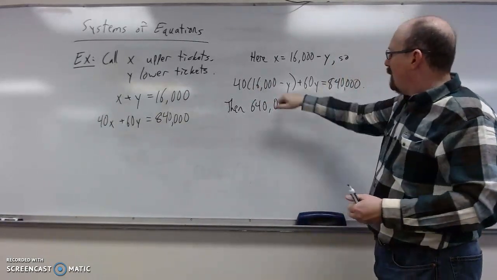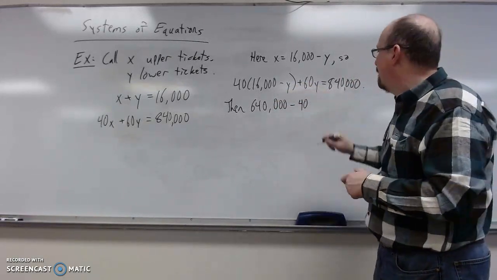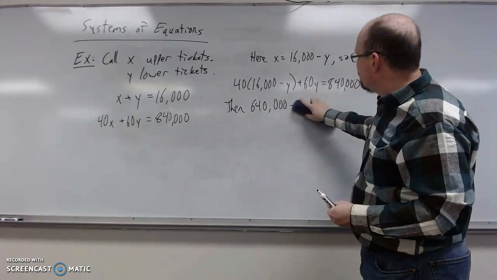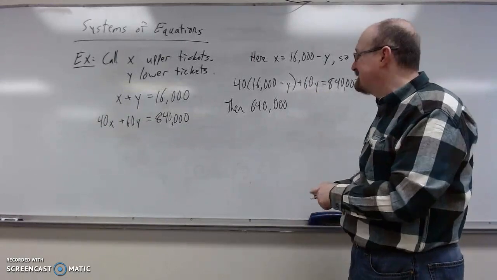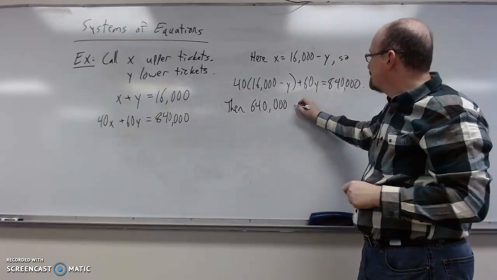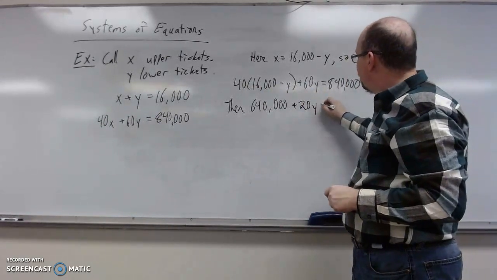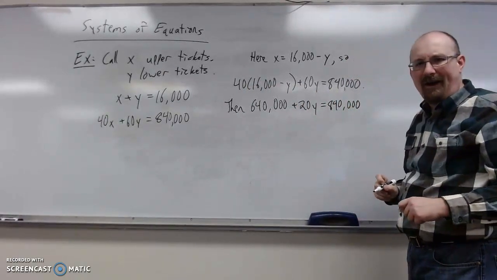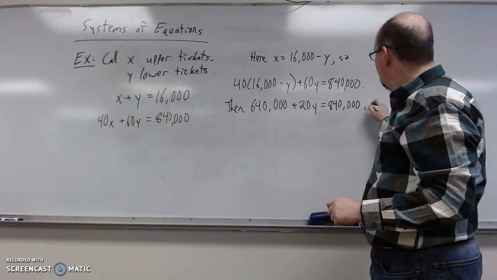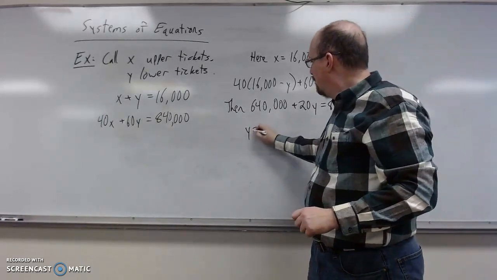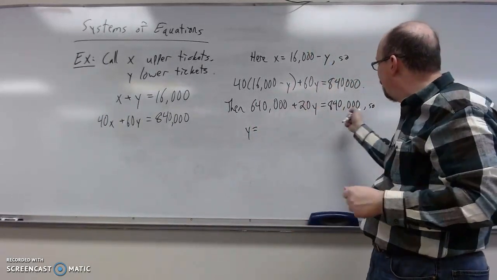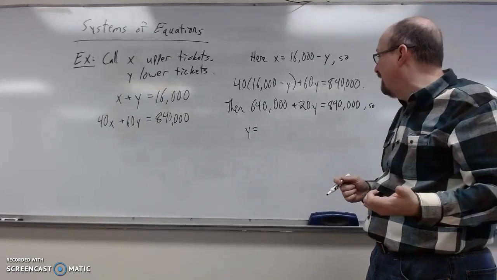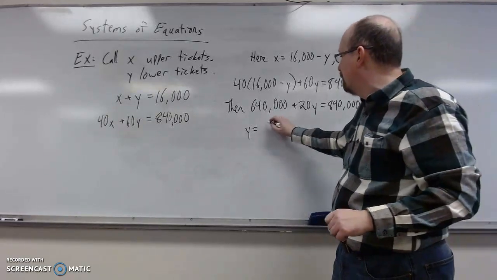So we're going to get negative 40Y plus 60Y. So I'm just going to go ahead in the interest of board space and time. Negative 40Y plus 60Y is going to give me plus 20Y equals 840,000. So subtract over the 640,000, in a stroke of plot convenience, that knocks us down to exactly 200,000.